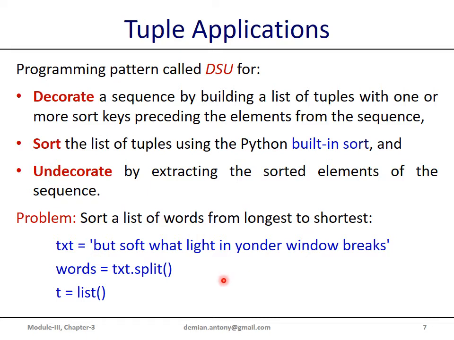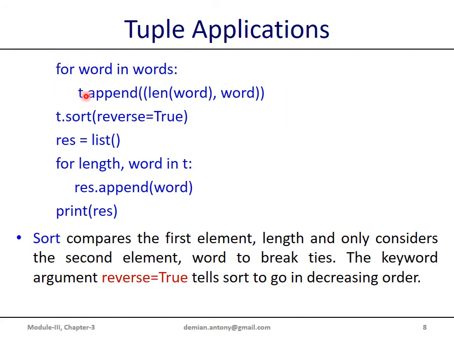Now I create another list T. So this list is nothing but a list of tuples. I have an empty list now. I do not know what type of list it is, I have just created an empty list. Now I append elements to the newly created list T by appending a tuple with the first element as the length of the word and the second element the word itself.